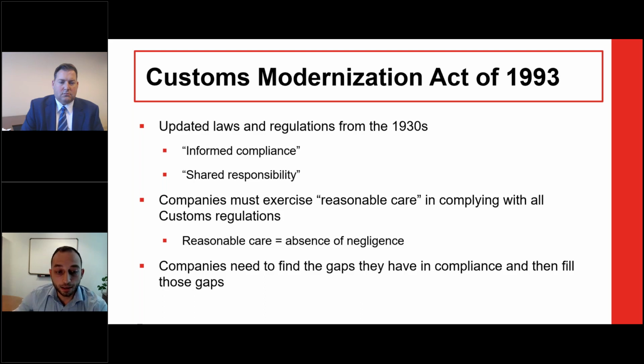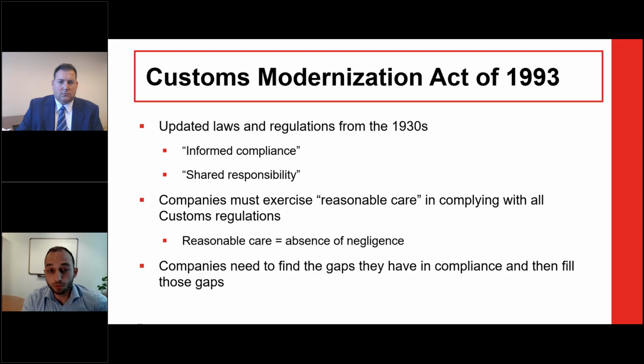An importer's failure to exercise reasonable care could delay the release of a product, for example, or in some cases even result in the imposition of significant penalties.